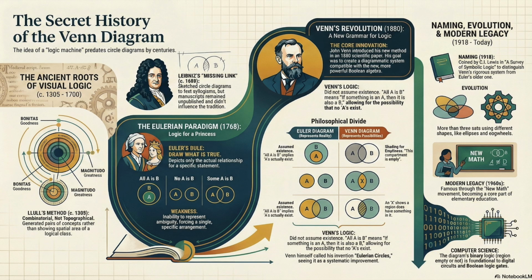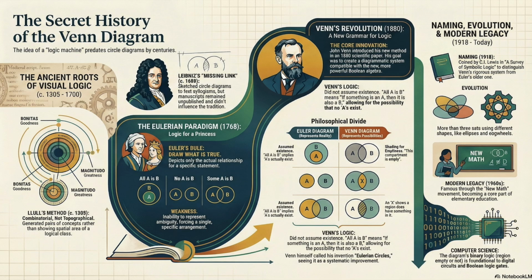So here is a man who invents calculus and independently conceives of the diagram, yet we don't call it the Leibniz diagram. Why did this conceptual genius miss the historical credit? It's a classic case of brilliant ideas getting trapped in private archives. Those manuscripts were never published in his lifetime. They remain completely unknown to the wider philosophical and mathematical community through the entire 18th and 19th centuries.